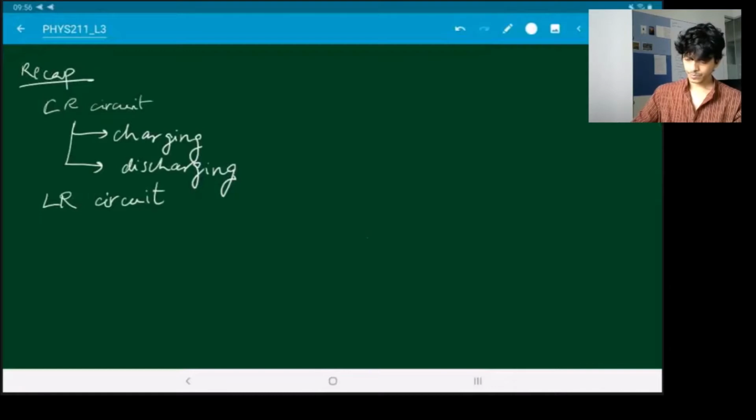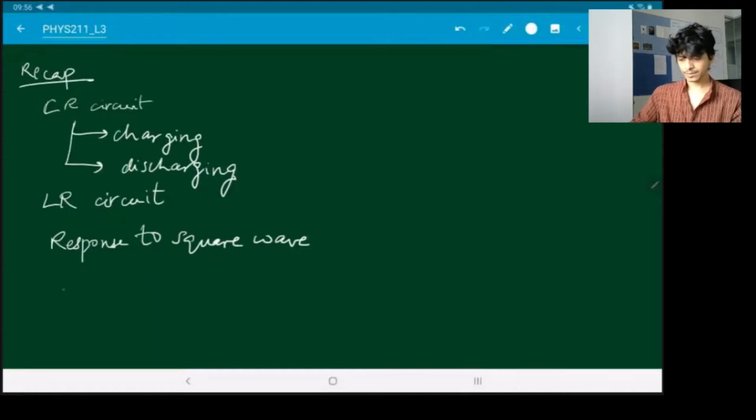Then we looked at the response of these circuits to a square wave. And then finally we started looking at AC inputs. When we were doing AC inputs, we realized that if you have an AC circuit with a resistor in it, then the voltage and the current are in phase.